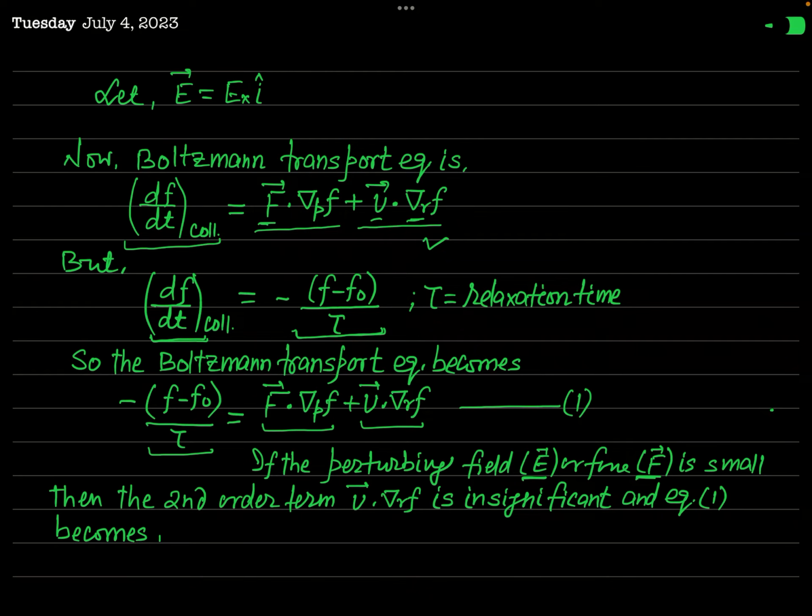The displacement of the electron will be very small. In that condition, the second term on the RHS, v dot del r f, which is called a second order term due to the presence of the velocity, will be neglected. This will be negligibly small, so in our calculation we can neglect this second term.